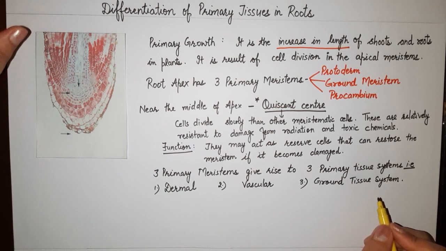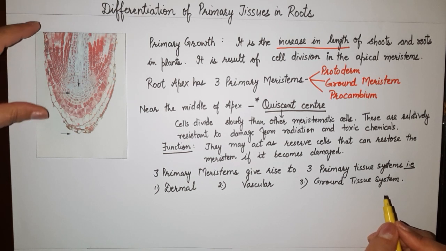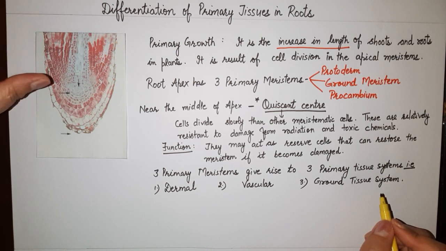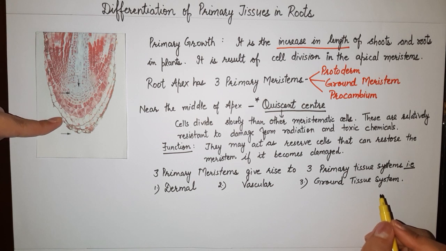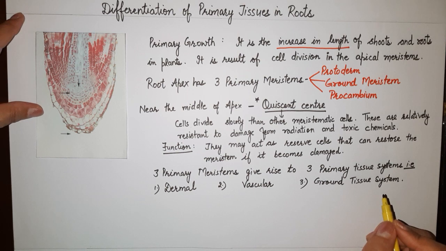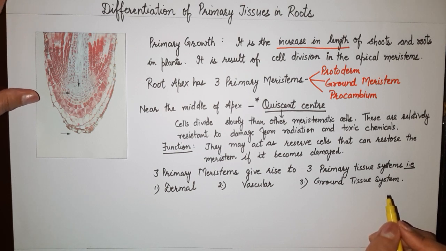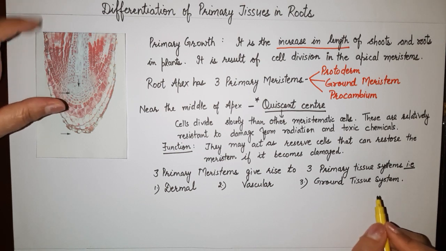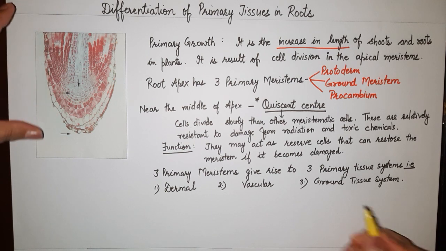But how does the root grow? We discussed earlier that the root apex has 4 different zones. At the tip there is root cap, then there is a zone of meristematic cells. As we move up, there is a zone of elongated cells, and afterwards when the cells get differentiated, that forms the zone of maturation. So how does this happen? What changes take place?